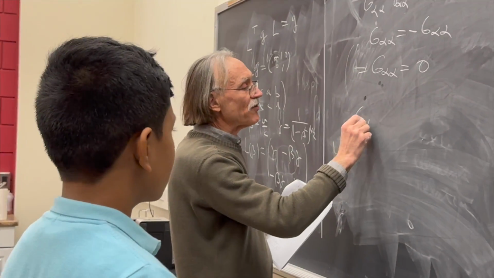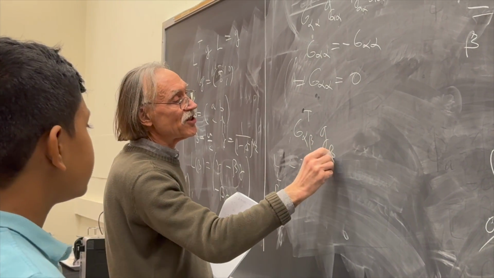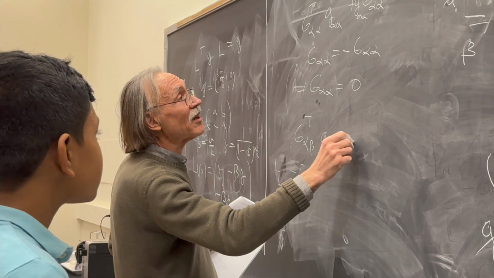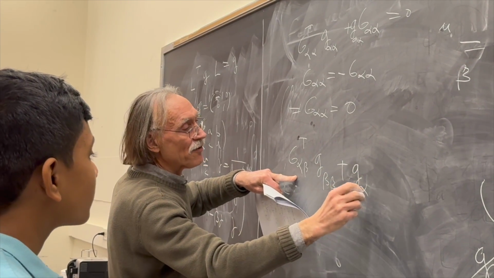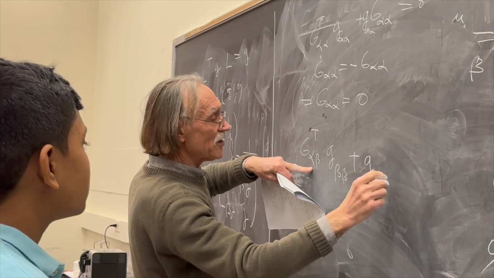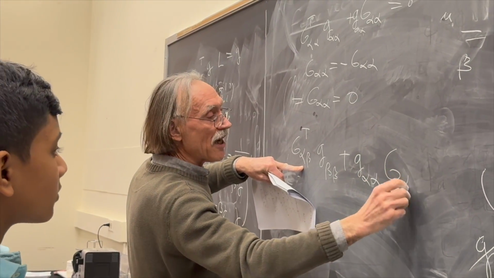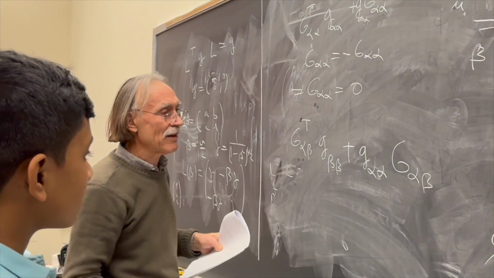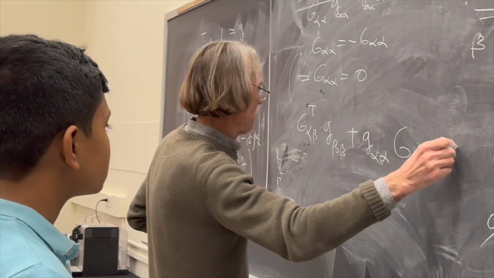So if you have G alpha beta transpose, this becomes G beta beta plus G alpha alpha times G alpha beta. This is diagonal, and that should be equal to 0.